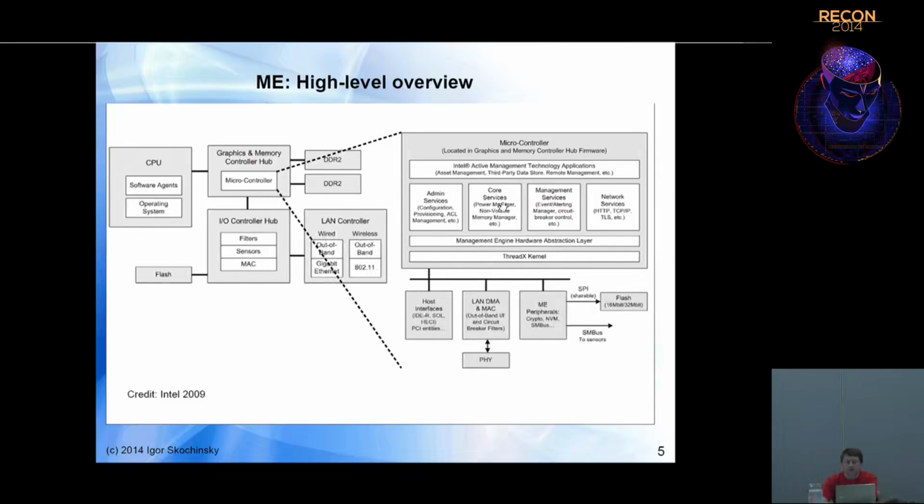And then it has several different software components that are responsible for different management tasks. It has interfaces to the host to talk to the host OS. It has interfaces to the network card for out-of-band communications with the rest of the network, and some other peripherals, and so on.